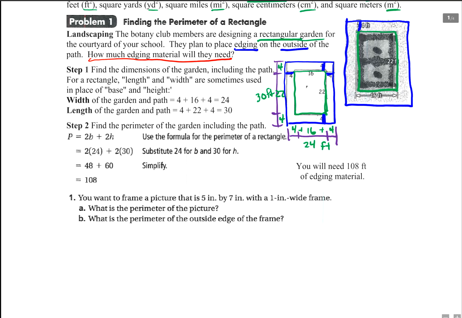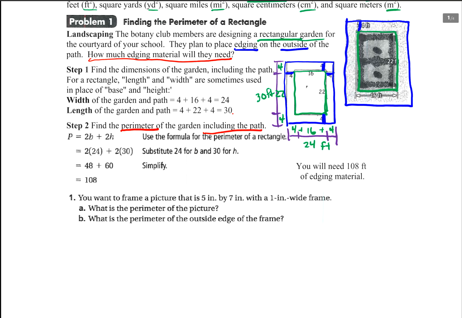So we want to find the dimensions of the garden, including the path. So the width of the garden is 24. The length of the garden is 30. I don't like using width and length. We want to find the perimeter of the garden, including the path.